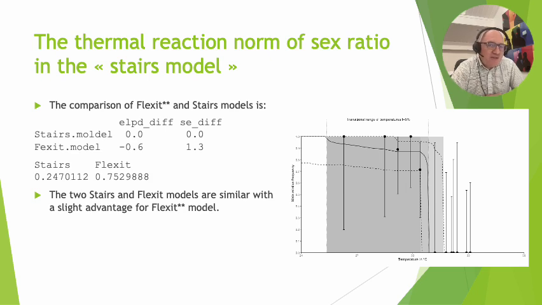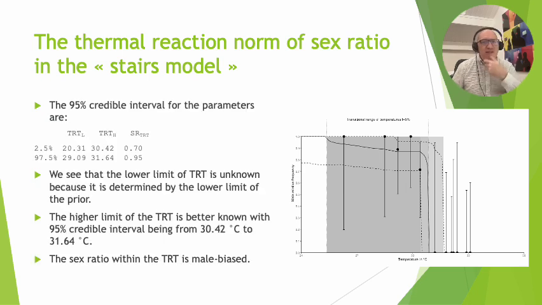We cannot differentiate these two models, but the Flexit model is a little bit favored, but we cannot really exclude the stairs model. What is more interesting is the description of the uncertainty of the TRT for the stairs model.